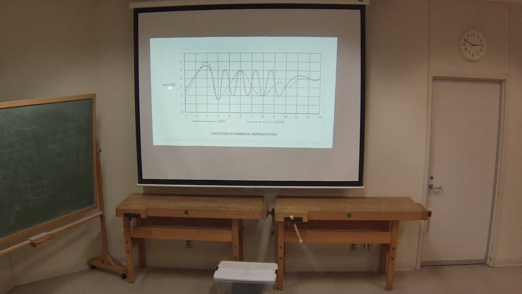Now, here this solid line is our original signal, and the dotted line represents each point essentially where we plotted it. Now, notice that this signal here is roughly half the frequency of the original.